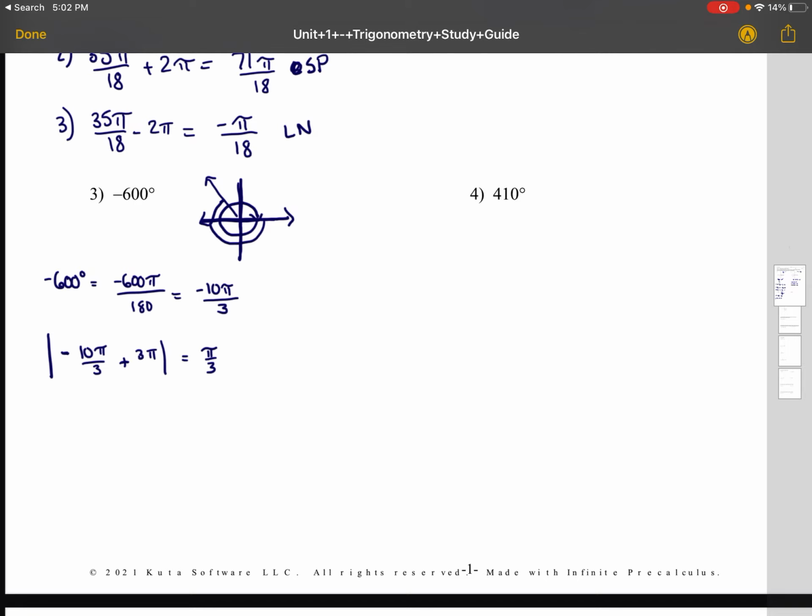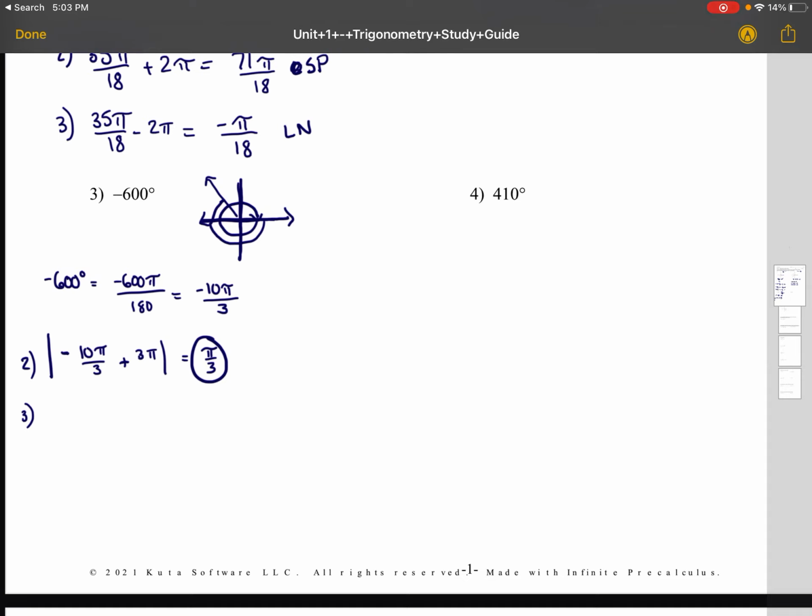The other way to do this is to get a coterminal angle that is positive, and that's the same as 120 degrees. But either way, we get pi over 3 as our reference angle. So for the smallest positive coterminal angle, we need to add 2 pi until we get to a positive angle.